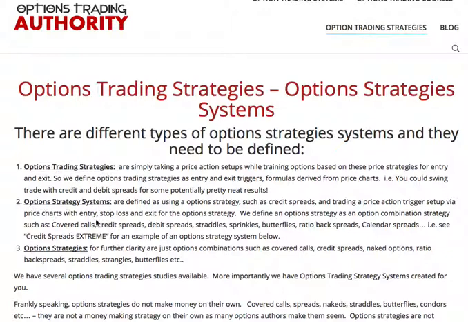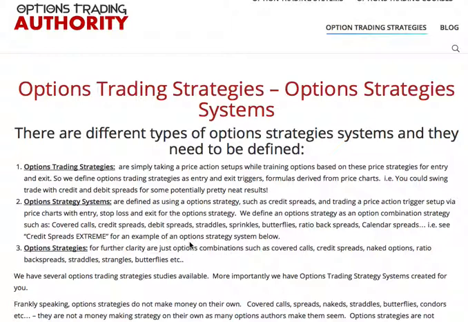Now, number two, options strategy systems. Well, what are those? Those are price systems that use a particular options strategy. Now, let's hop over to point three. An option strategy is simply a combination of types of options, such as a covered call, a credit spread.